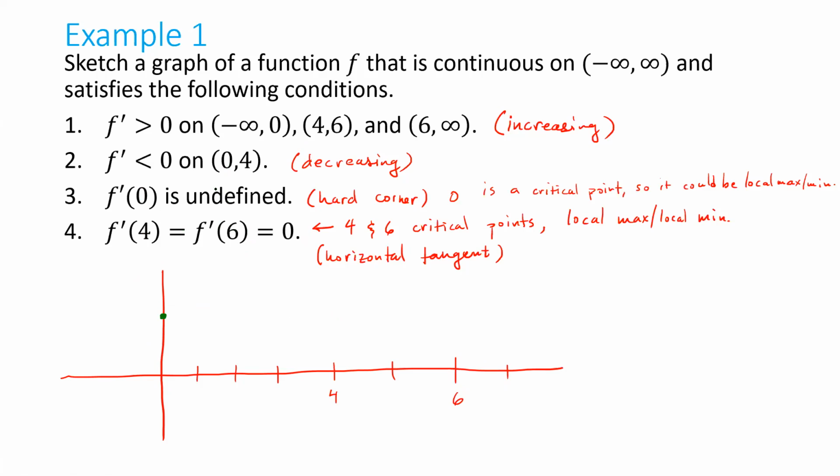So we know it's got to be decreasing from 0 to 4. So I'll put the point down here, and then increasing again from 4 to 6 and from 6 to infinity. So, just putting some random points there. So we know it's got to have a hard corner here. So it's going to have a sudden change in the slope there. It's going to have a slope of 0 here and a slope of 0 here. But then it's going to keep increasing.